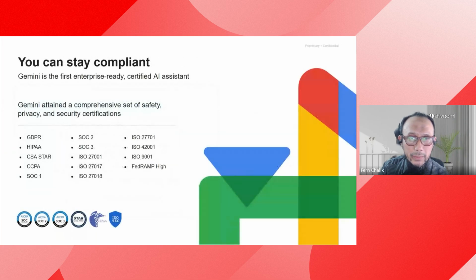So this is basically the compliance that Google Workspace with Gemini and the Gemini app have, with a set of safety, privacy, and security certifications, attaining SOC 1, 2, 3, ISO 27701, 27017, 27018, 9001, and 42001, and can help you get HIPAA compliance.